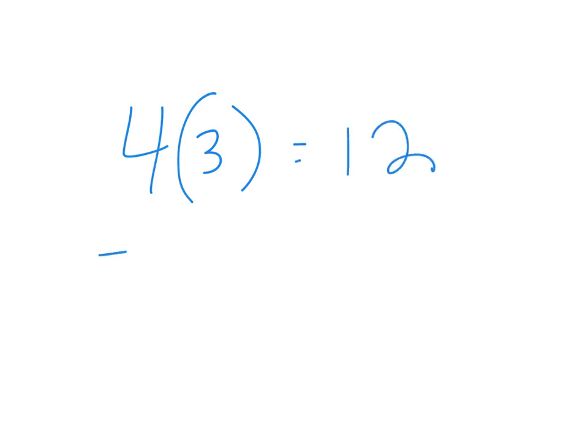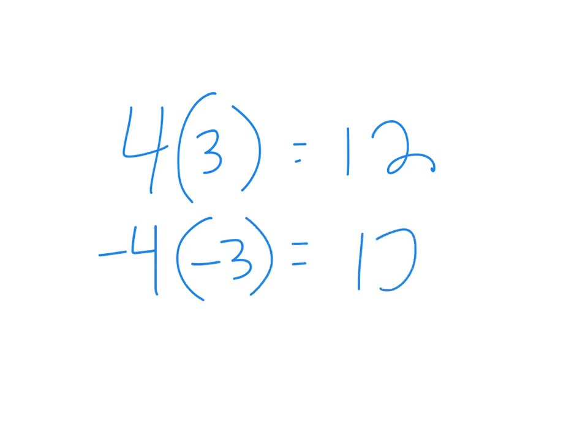So if I'm looking at 4 times 3, I know that's always going to be 12. Even if it was negative 4 times negative 3, that too is going to be 12, since they're both the same sign. Since they were both negative, that's why my answer was positive. Again, because they're the same sign. The only time you get a negative answer in multiplication is if your signs are mismatched.